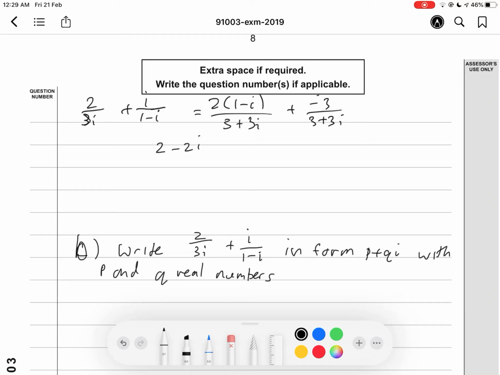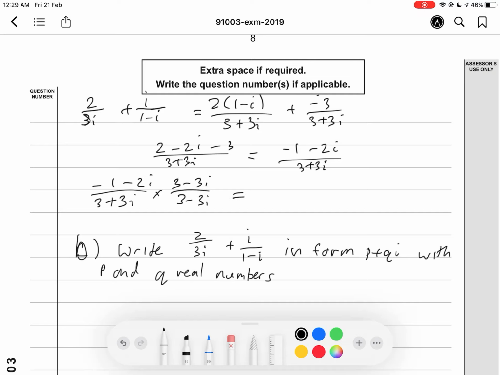So 2 minus 2i minus 3 over 3 plus 3i. So therefore this is equal to (negative 1 minus 2i) over 3 plus 3i. Right now we're going to rationalize it as we were doing before, but we were doing it wrong before. So (negative 1 minus 2i) over (3 plus 3i) multiplied by (3 minus 3i), 3 minus 3i.